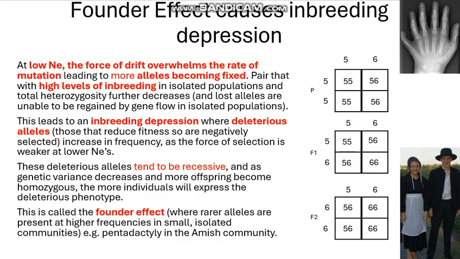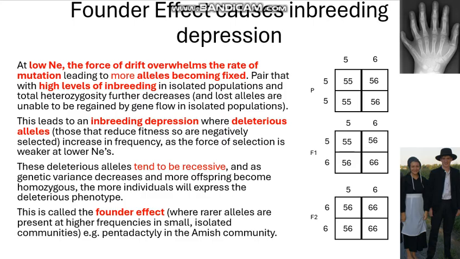This leads to what we call an inbreeding depression, where deleterious alleles, so alleles that reduce the fitness of an organism, so are typically negatively selected, increase in frequency as the force of selection is weaker than the force of genetic drift at low effective population sizes.